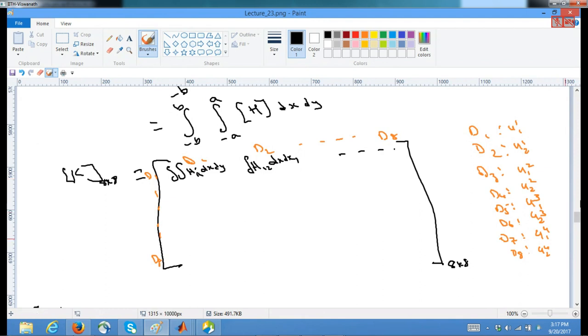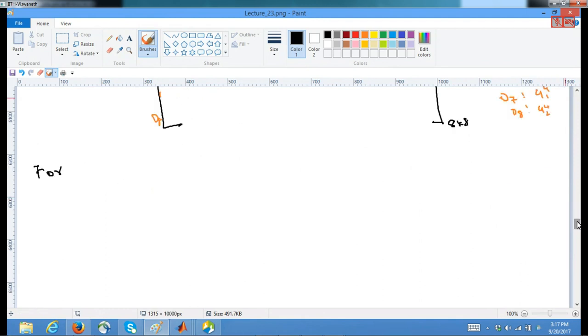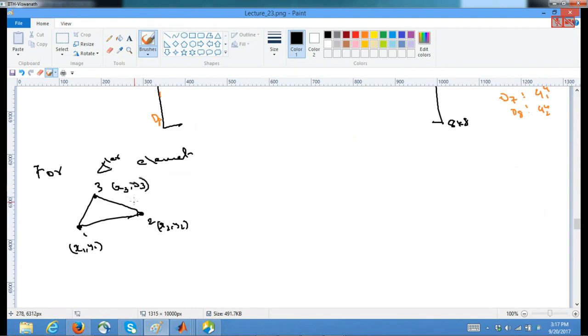Now let us come to the triangular element with 3 nodes: node 1, node 2, and node 3, with x1, y1, x2, y2 and x3, y3.